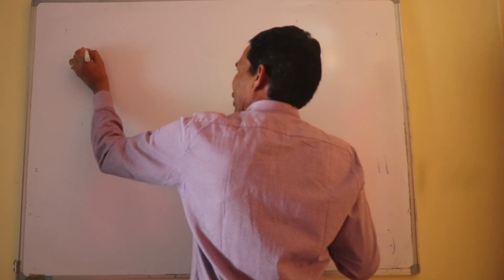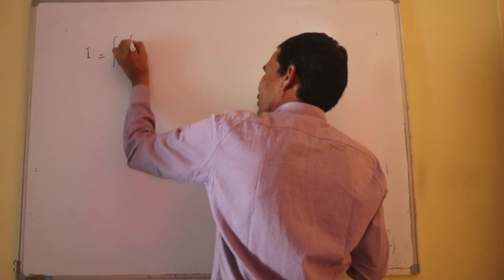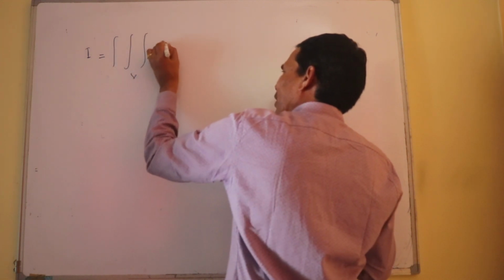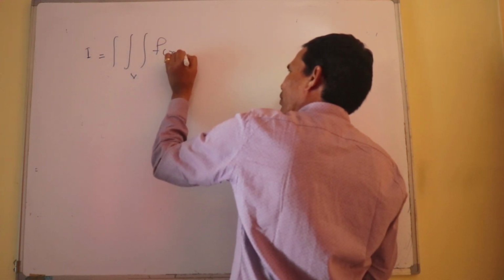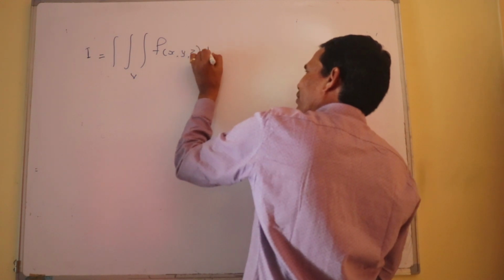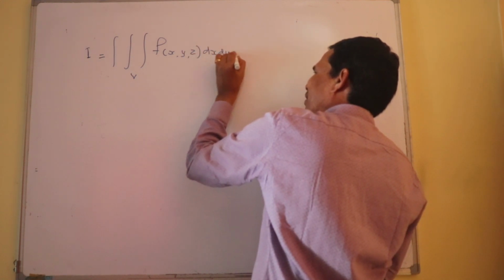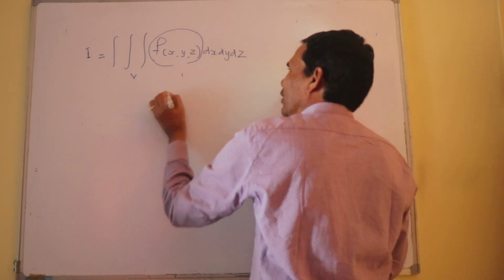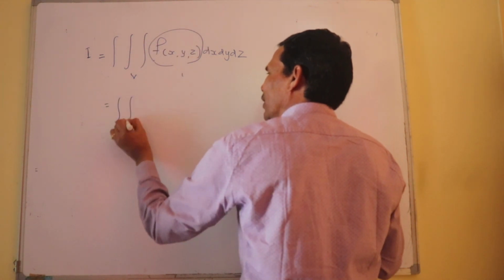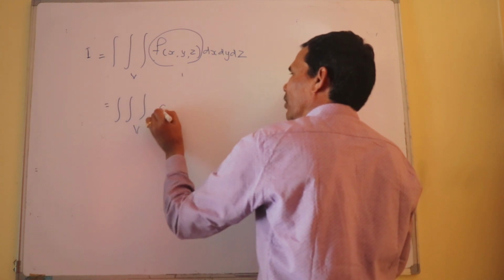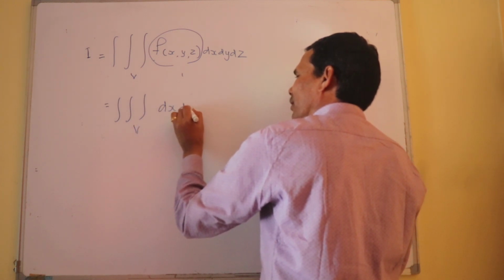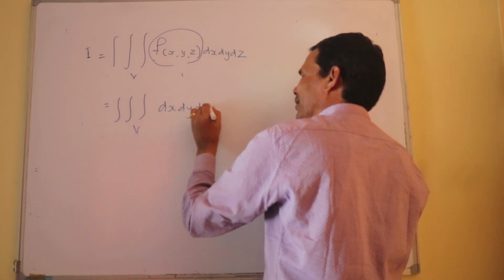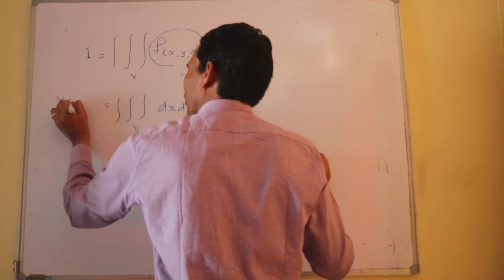The triple integration I is something like this: integral over V of f of x, y, z dx dy dz. So dx dy dz is the volume element actually, and if f is 1, then you are getting this integral in this particular form, dx dy dz, and this is actually the volume.